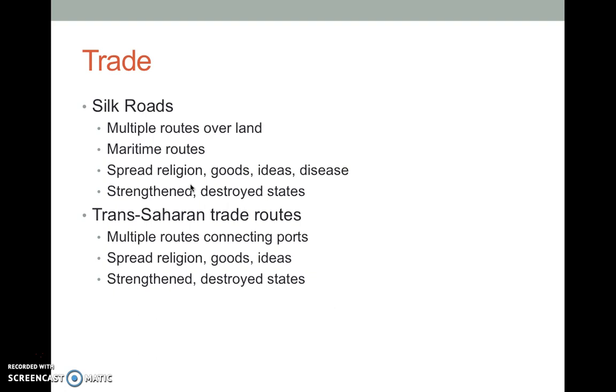We've seen this with a couple of options in terms of very specific routes, including the Silk Roads, which essentially connected China to Europe, although there were multiple routes over land around the Taklamakan Desert and then connecting with smaller trade routes in India, in the Middle East, in the Byzantine Empire.